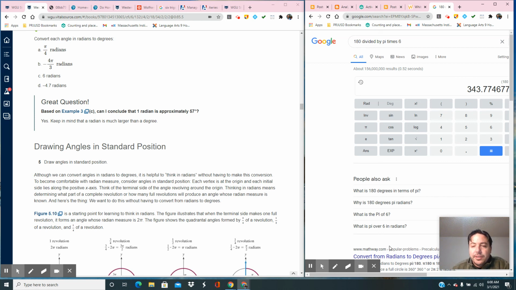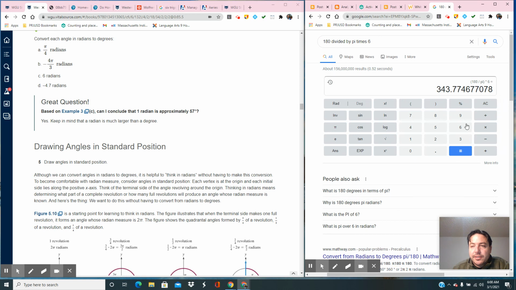I don't know. Concluding that it's 57 degrees. That's interesting. Divided by 6 is 57.3.